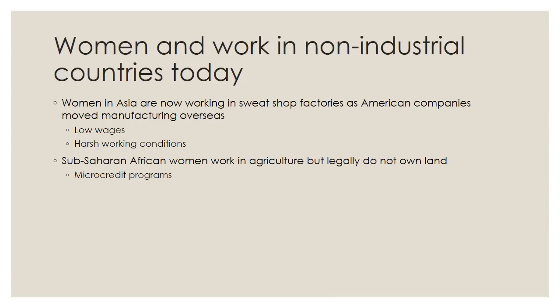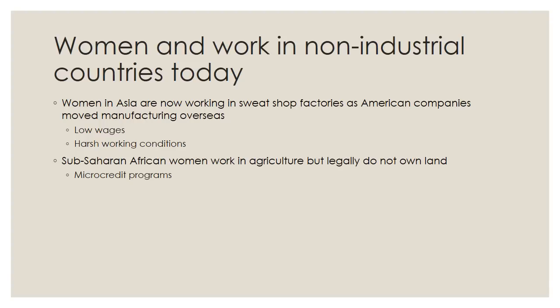In non-industrial countries today, women in Asia are working in sweatshops. For the most part, these are low-wage jobs and harsh working conditions, and they are working in these factories. One of the reasons for that is because they're willing to work in these harsh conditions, and a lot of your Asian countries do not have workers' rights laws like the United States does.